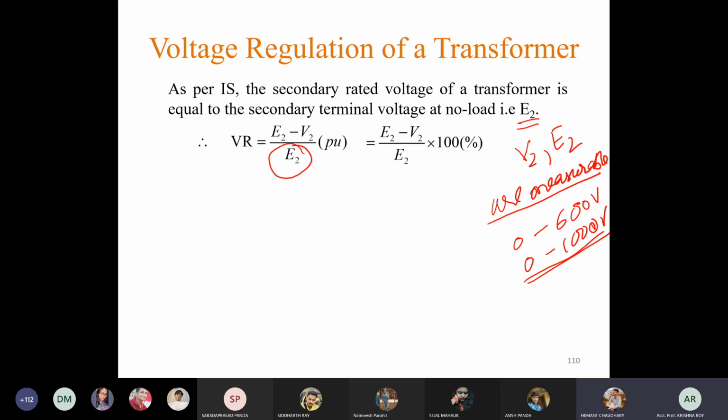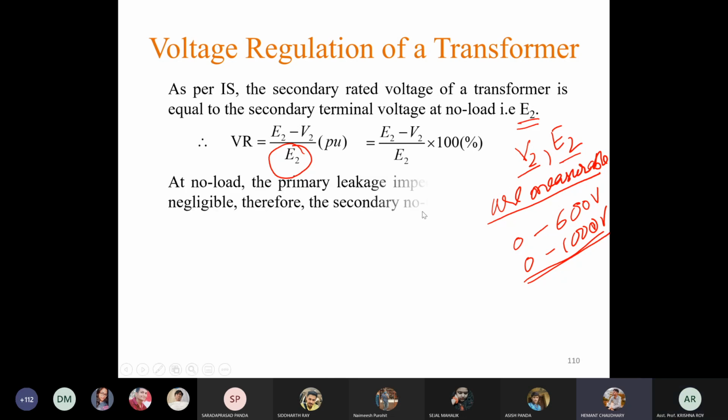So for any transformer having voltage rating greater than this range, how will you calculate voltage regulation using this formula? It is not possible to calculate, because in that case V2 and E2 are not measurable quantities.